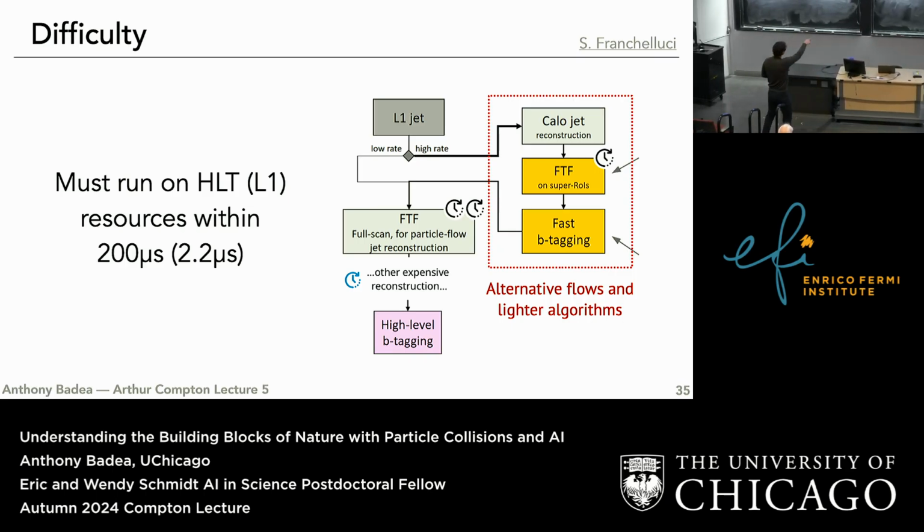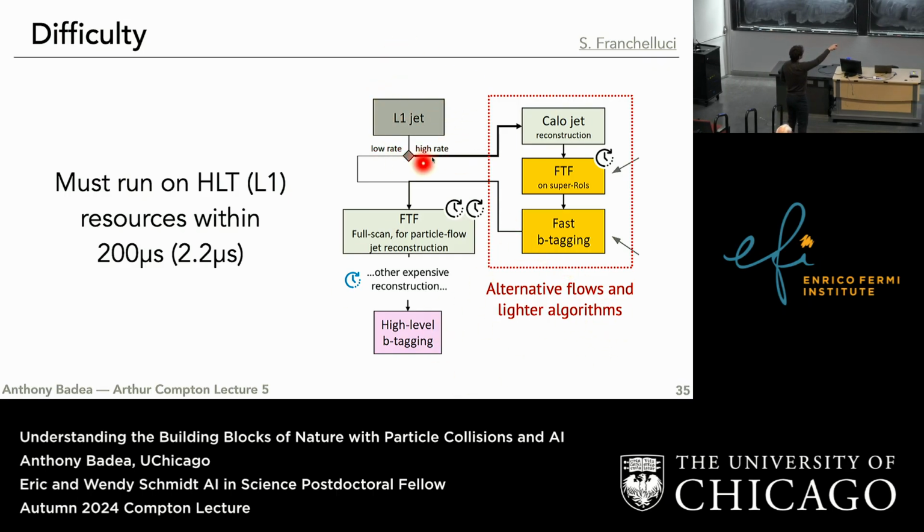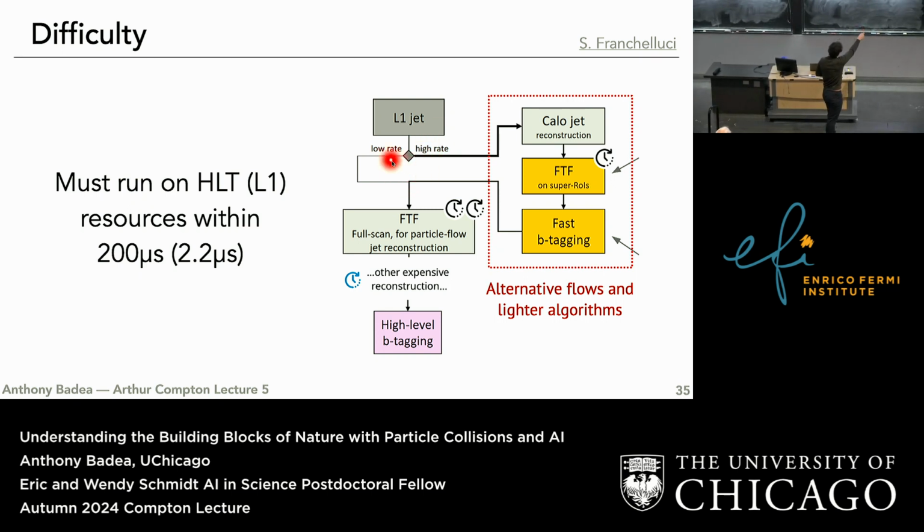And so now what you're starting to see in the experiments is alternative flows and lighter algorithms. So this is one of the components of the level 1 trigger, the earliest level. And this is what we call here a low rate path, which remember is actually an extremely high rate path. But now we have an alternative route, which is even higher rate, and we do a subset of the calculations inside of there.